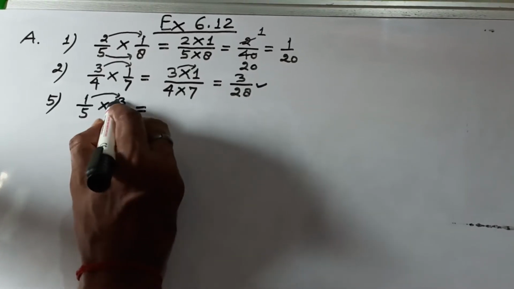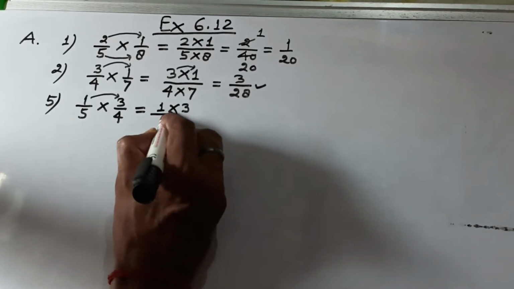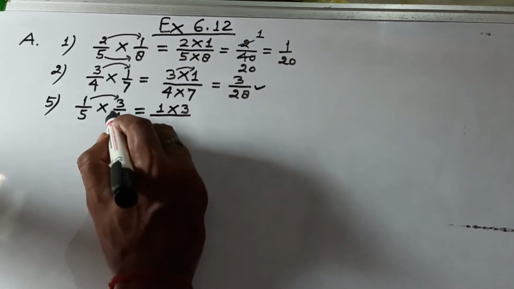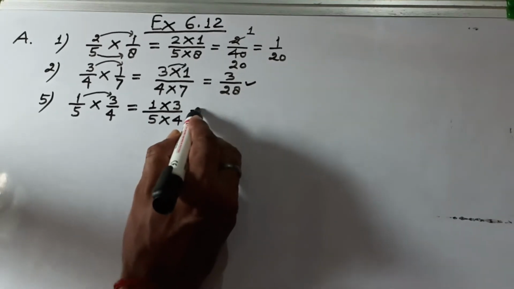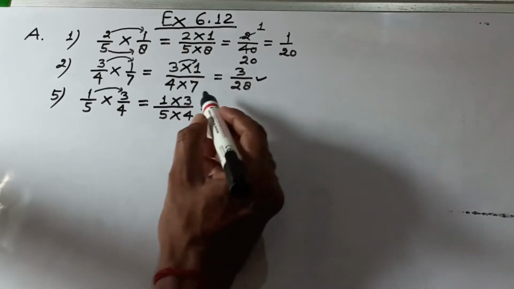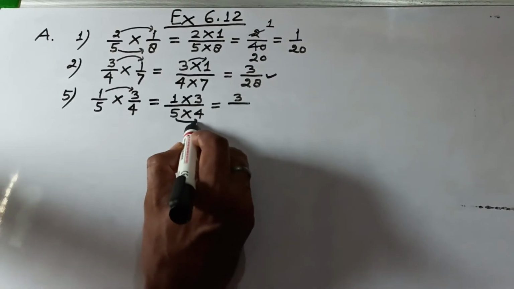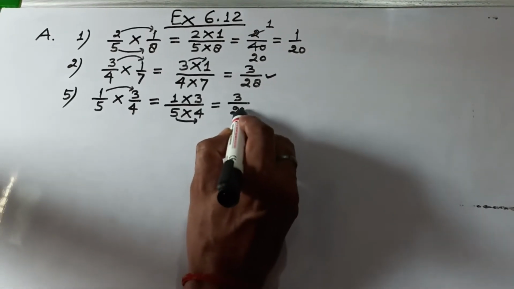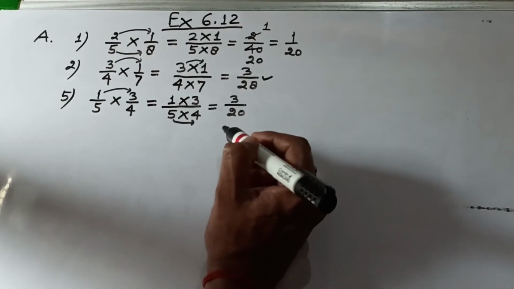Same thing, 1 into 3 upon 5 into 4. So this is 3 upon 20. So 3 by 20 is the answer.